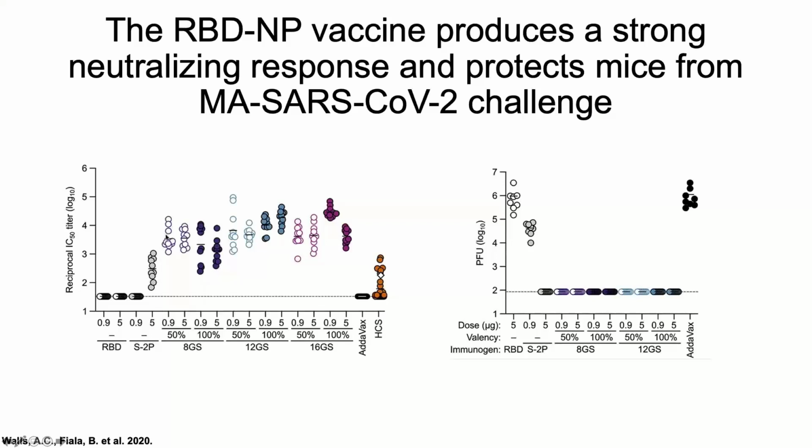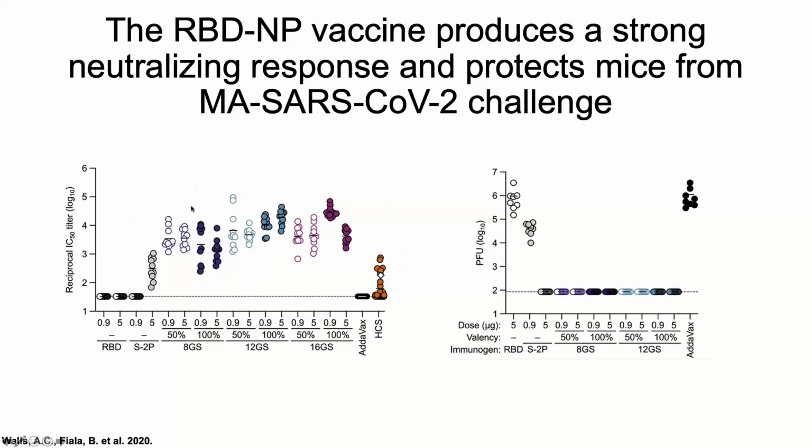And no matter what we did to the nanocage, whether we had a short or a long linker, and whether we had a low valency, so 50% of the receptor binding domains occupied, or 100, we really were able to get high neutralizing titers against SARS coronavirus 2 at extremely low doses, down to 1 microgram of the nanocage. This was doing much better than just the S2P spike on its own, and much better than native infection, which you can see here in orange with the human convalescent sera.